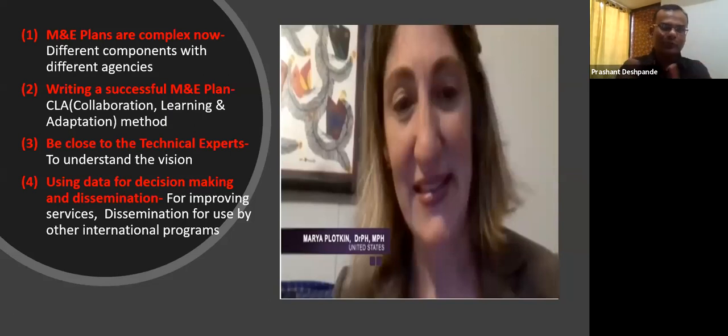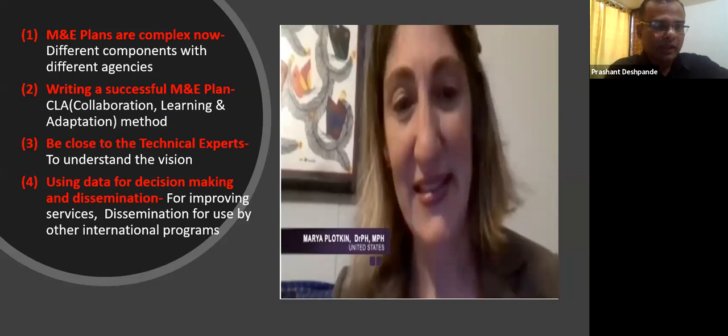We have to listen to donors, but when we actually develop the formats, those should not be very, very complex. Then she has spoken about CLA, which is not given in detail. Neither have I read about CLA in my experience, but she has written about how a successful M&E plan could be developed.